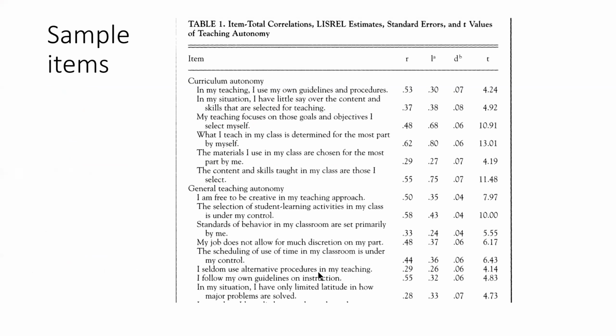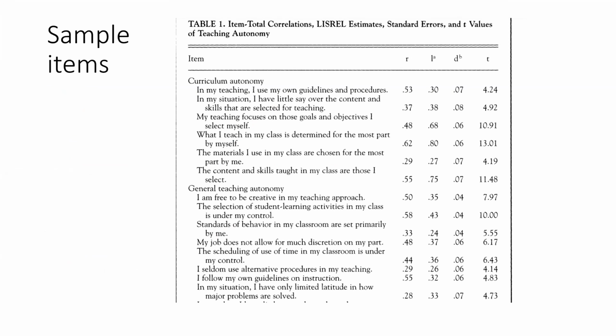Okay, so here we have sample items from the curricular autonomy scale and part of the general teaching autonomy scale. And so just as you can see, these are some information that you don't need to know, the numerical information. I just wanted you to see what some items are like.